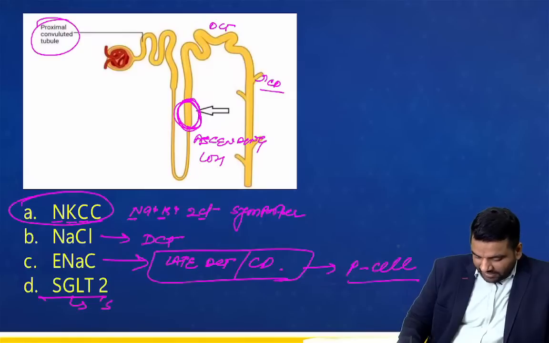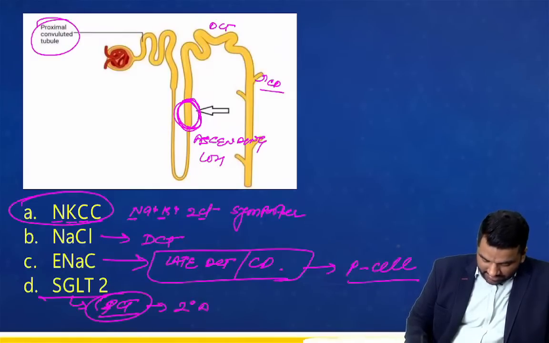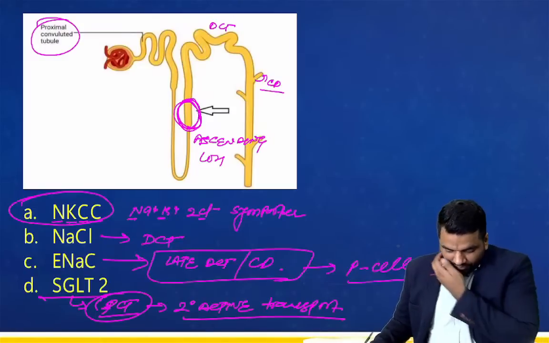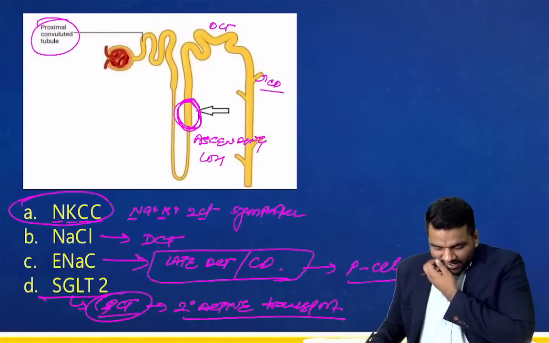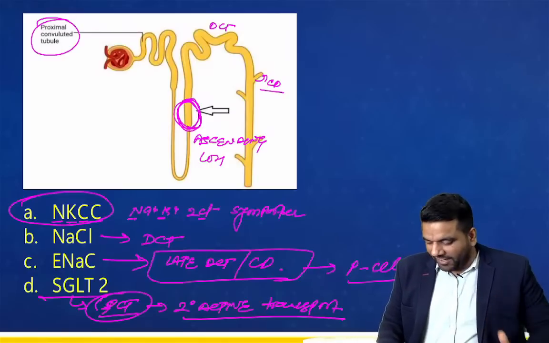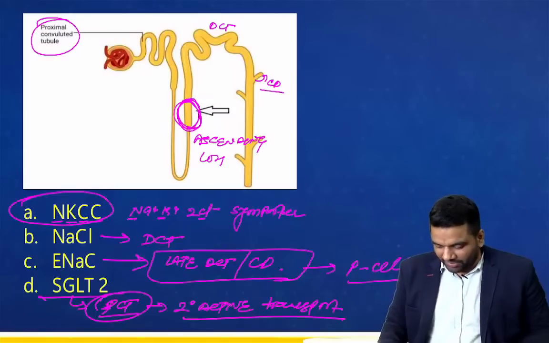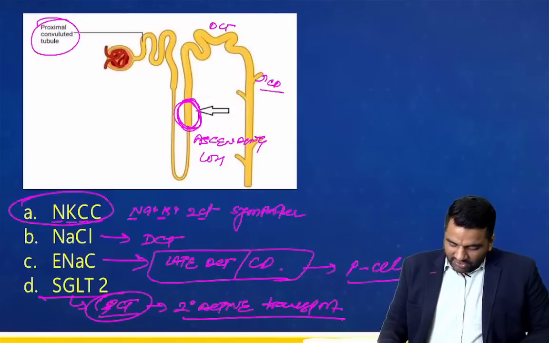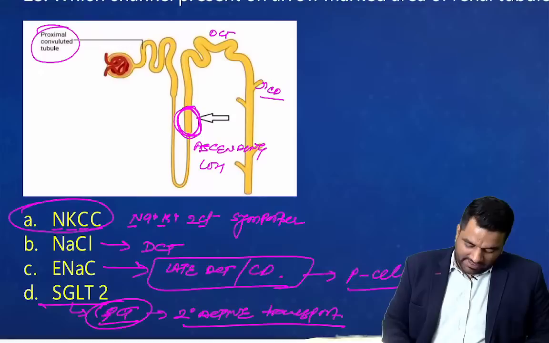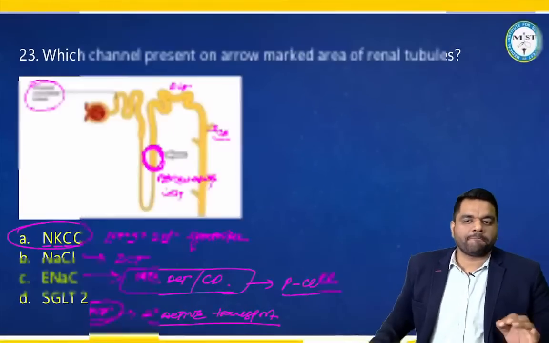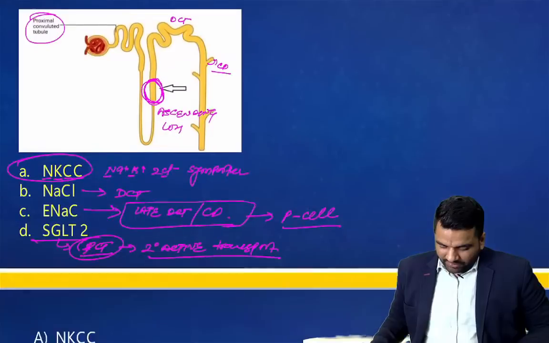SGLT2, this is in the PCT, that is a type of secondary active transport, glucose is reabsorbed back. Yes, Parminder, very good guys. So the right answer of this question is NKCC. Okay, beta? Okay, very good.